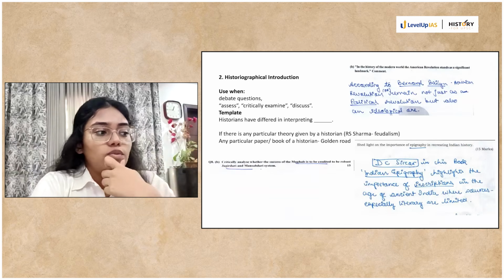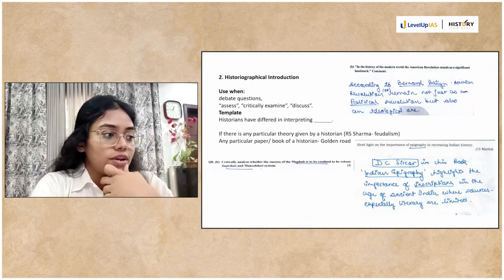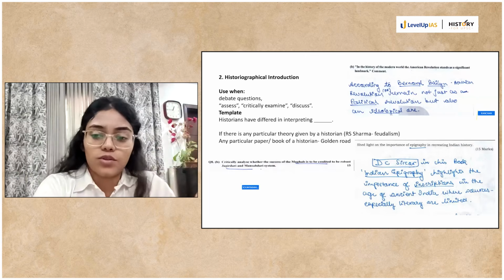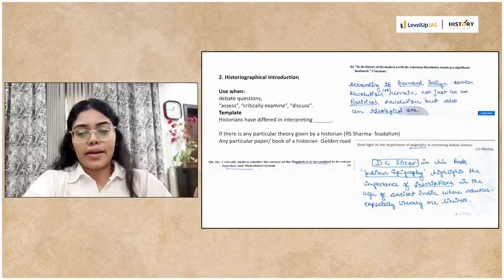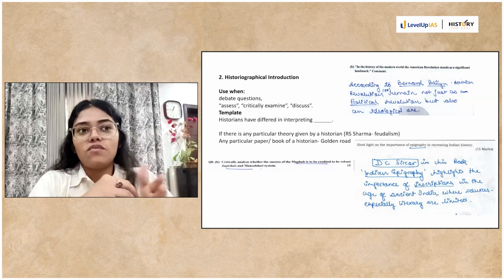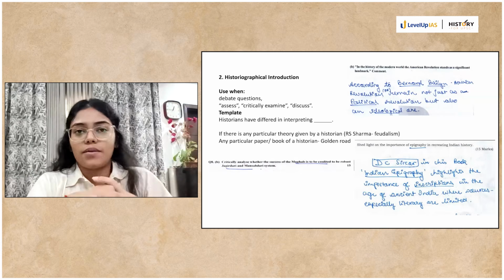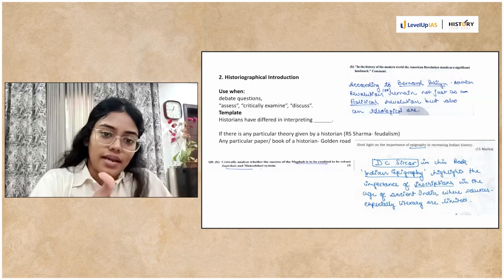Then the second type of introduction is the historiographical introduction, where you try to incorporate the view of a historian, and by incorporating that historian, you provide some kind of legitimacy to your answer. This is not my view, this is something that a historian has already said.